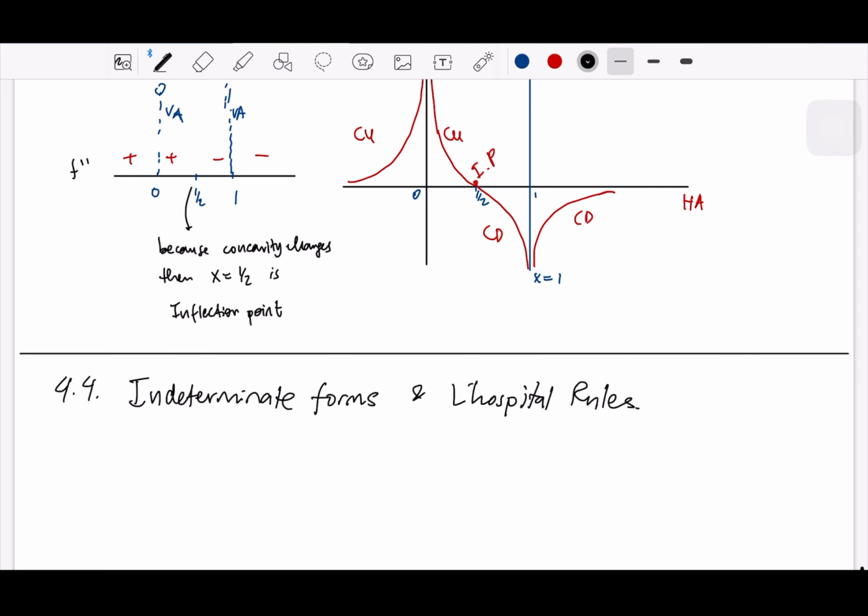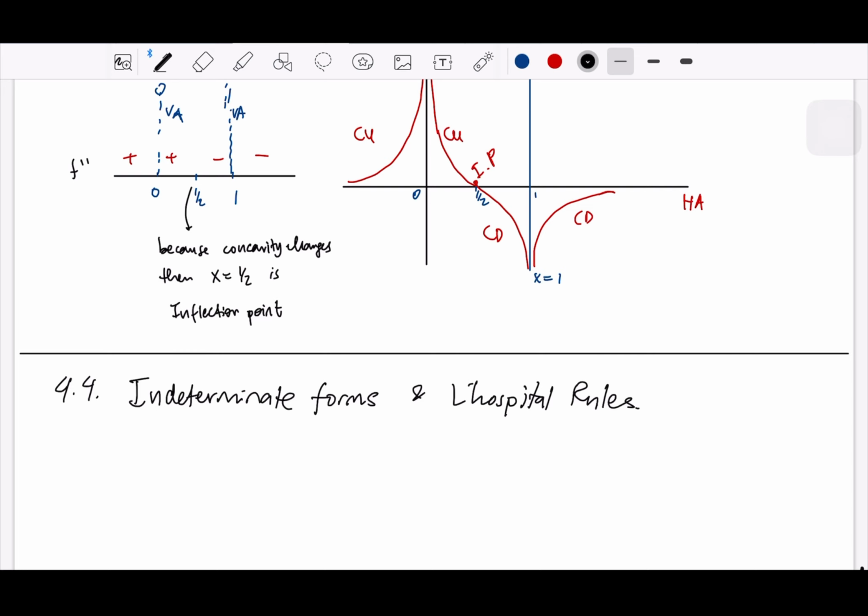So why does this L'Hopital suddenly appear in chapter 4? I suppose this is about the application of the derivative, where one of the applications is sketching the curve and taking L'Hopital.